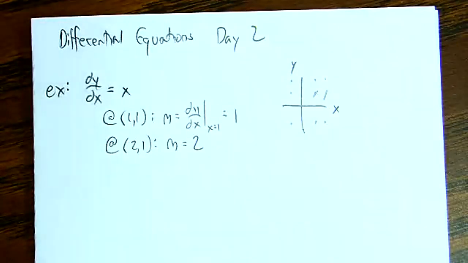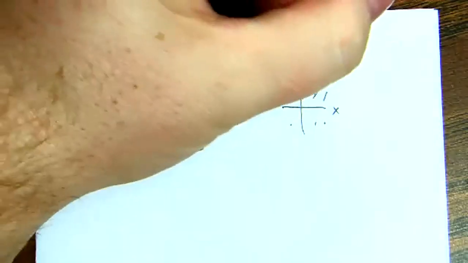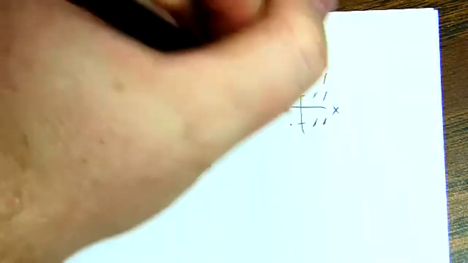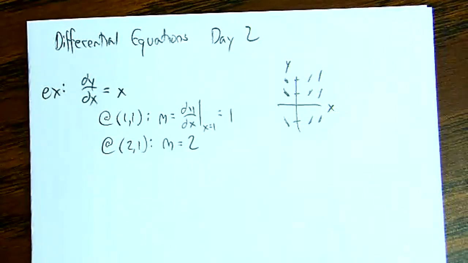At negative 1, 1, we have a slope of negative 1. And at any x value of 0, we have a slope of 0. Any x value of 1 gives us a slope of 1. Any x value of 2 gives us a slope of 2. Any x value of negative 1 gives us a slope of negative 1. So this gives us an idea about what the solution curves to this differential equation look like.